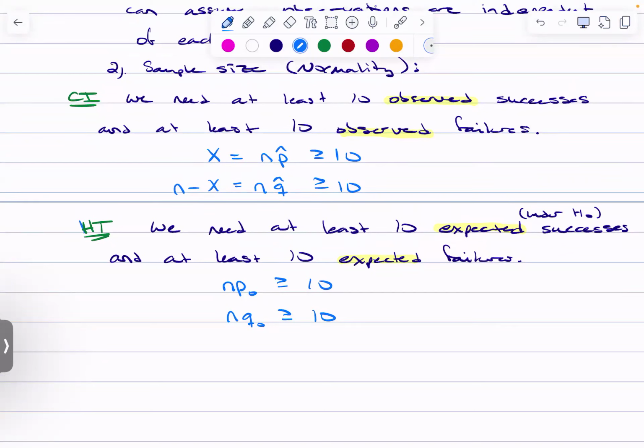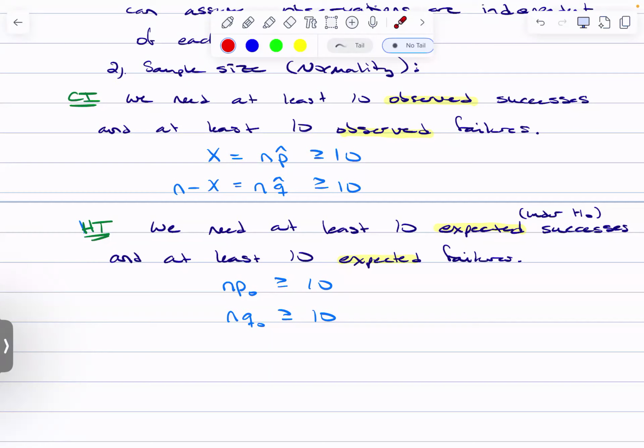If my n satisfies these conditions, then I can go ahead and assume the normal distribution, and I can leverage the Z scores and use Excel to find areas under the curve. If these conditions are not satisfied, you would have to use a randomization technique or a bootstrap.